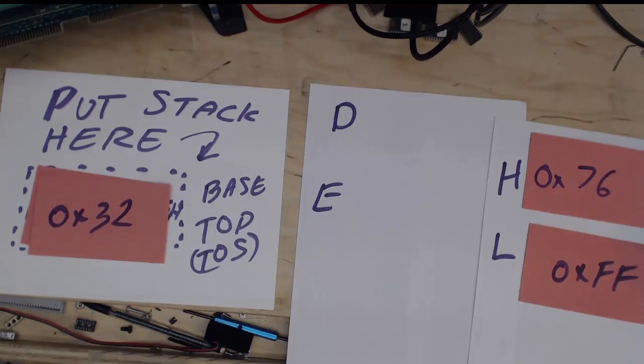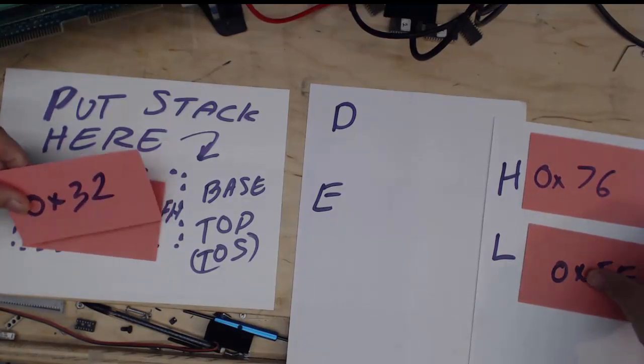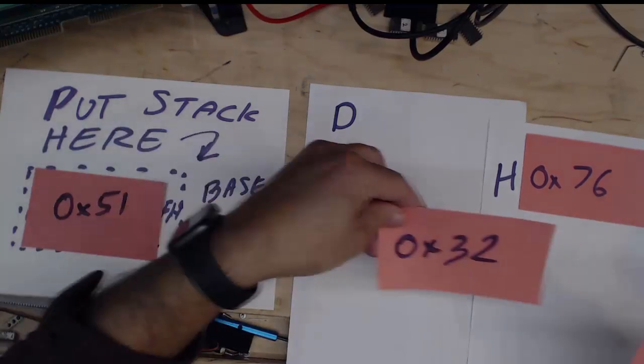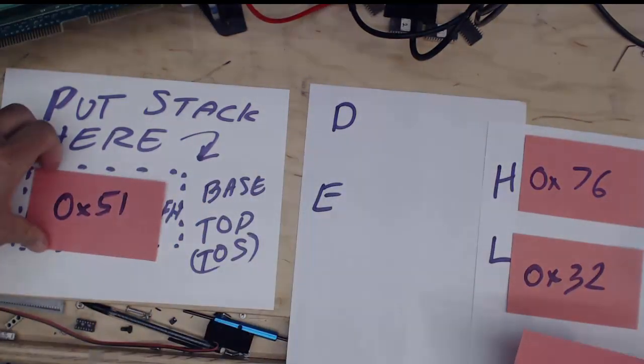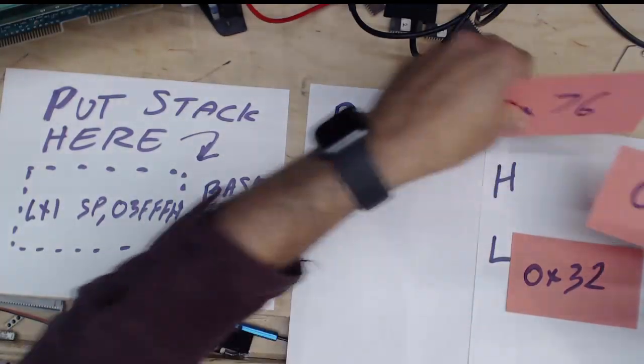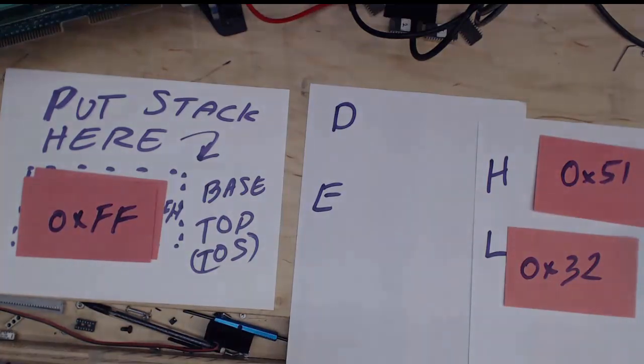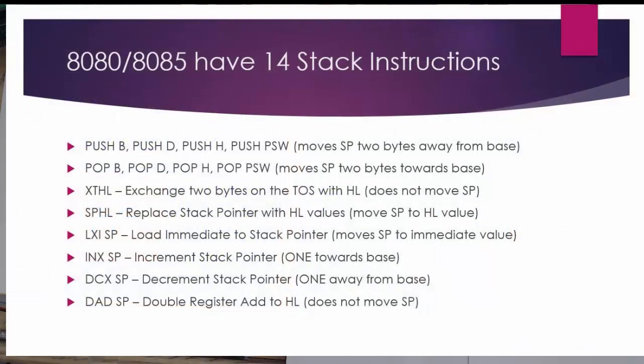We're not changing the location of the stack pointer. So effectively what this is going to do is it's going to take this value and put that into H, this value, put that into L, put that value into H, and then it's going to be like that. So basically we've swapped the data. So the XTHL is swapping the data.